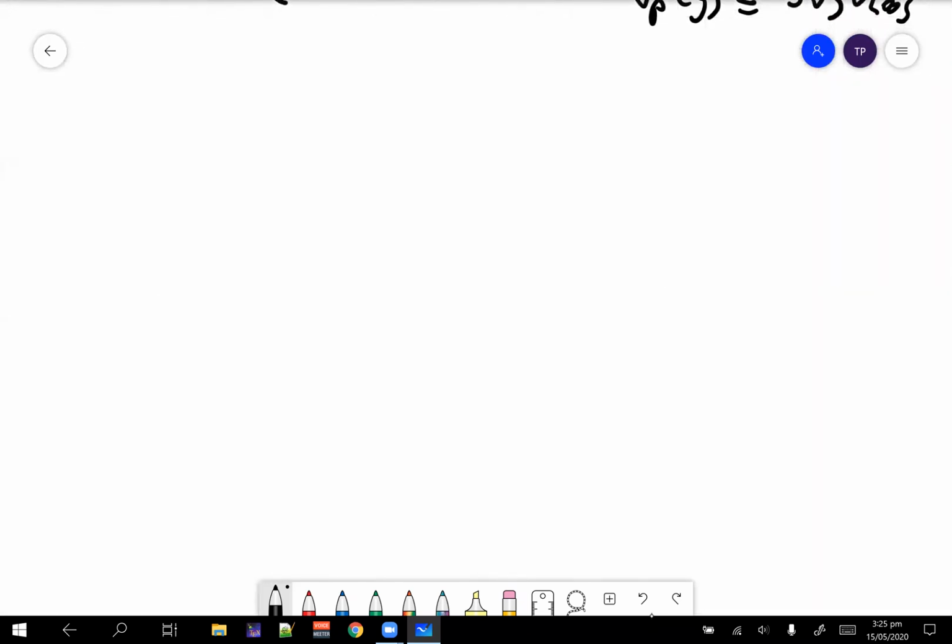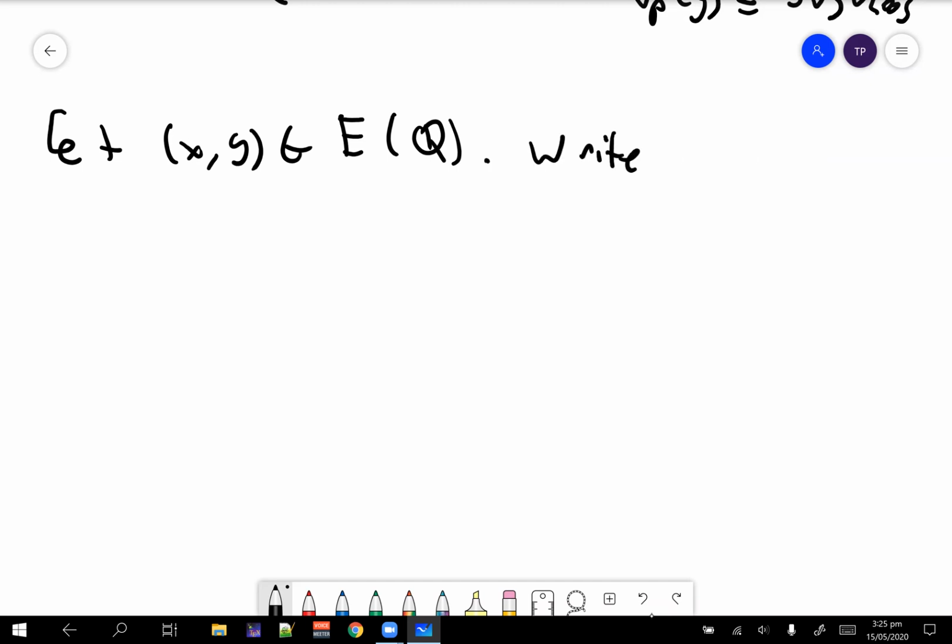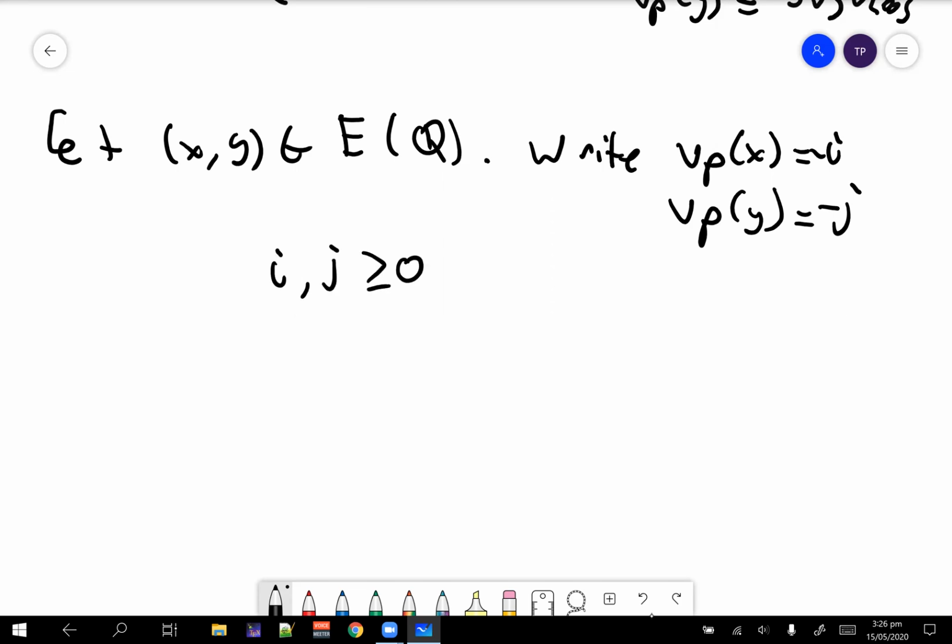So lemma 2.4 states: let a point be in the rational points of an elliptic curve, and write the valuation for some prime p, it could be any prime, of x to be -i, and the valuation of y to be -j. And we let i and j be positive integers, so i, j greater or equal to 0, and also in the integers, so the natural numbers and 0, I guess you could say.